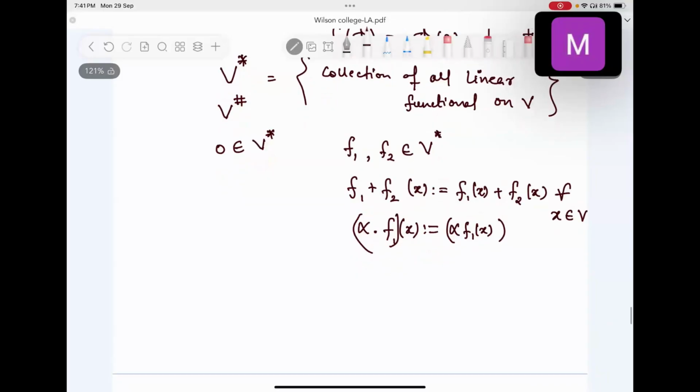So you can verify that with respect to this vector addition and scalar multiplication, V star forms a vector space.